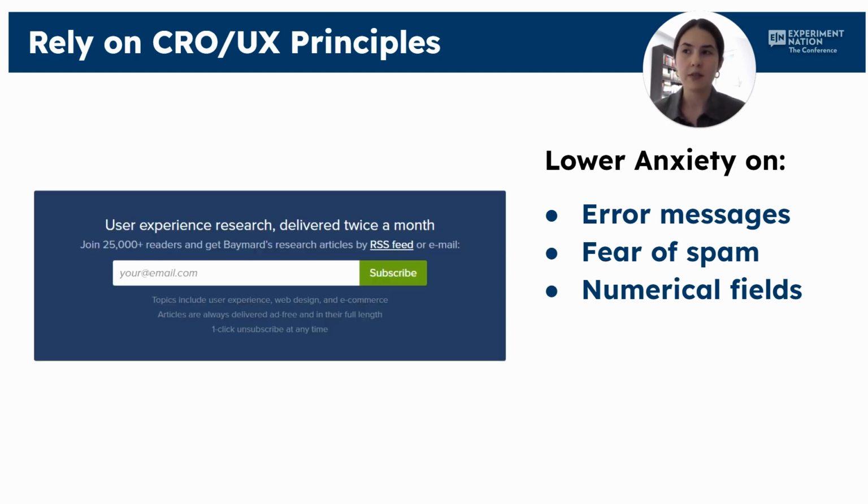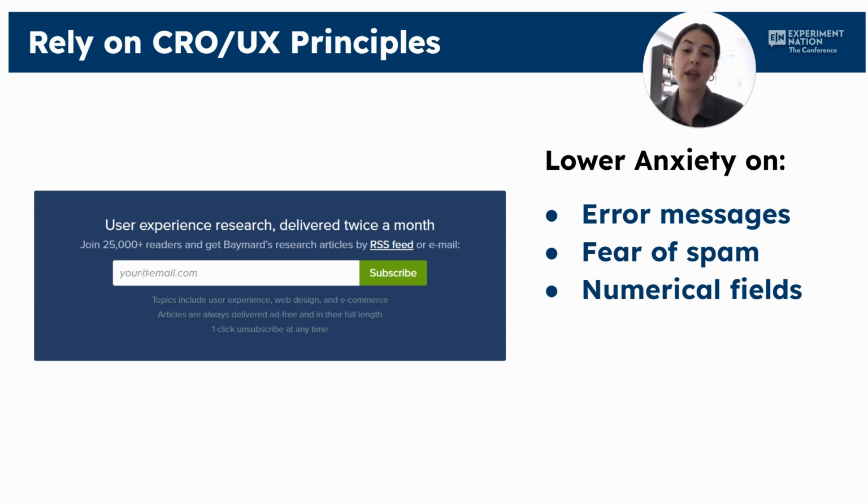Another time when people feel anxiety is when they predict there is going to be spam, and this especially happens with newsletters in general. I don't want to say fear of spam, but everybody feels kind of anxiety about spam.